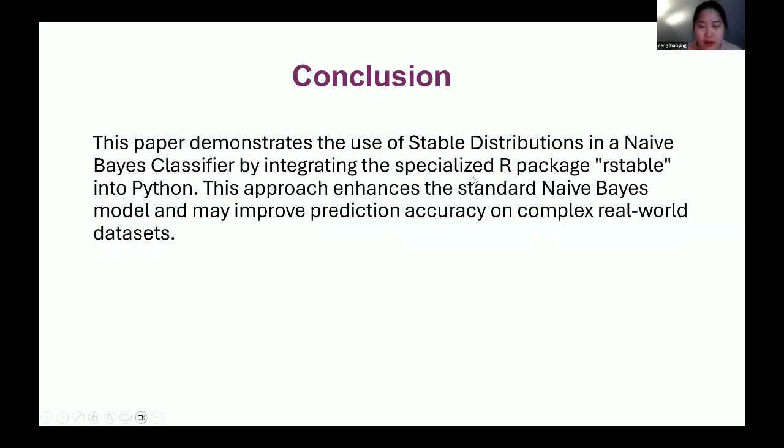We also encourage everyone to use stable distributions in a Naive Bayes classifier because it is very easy to use. We just need to integrate the R packages. That's all.